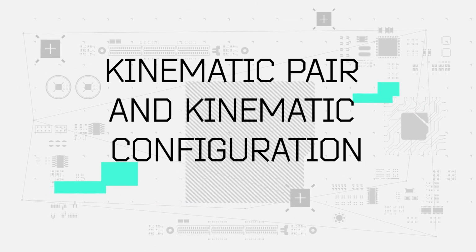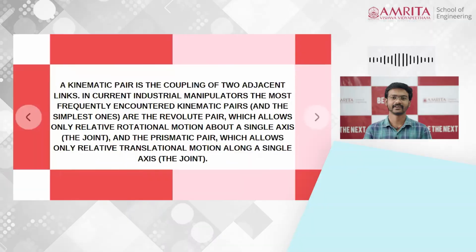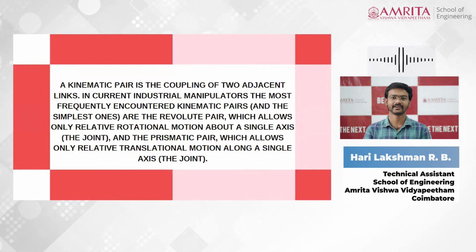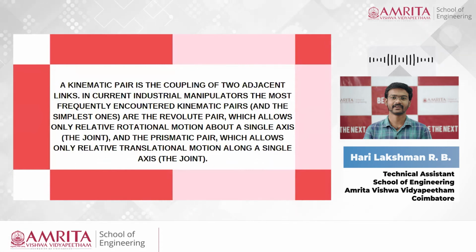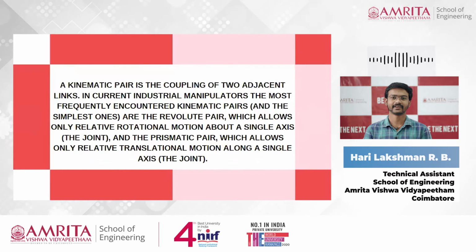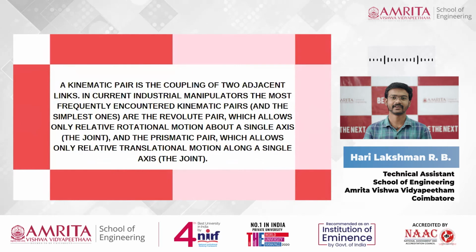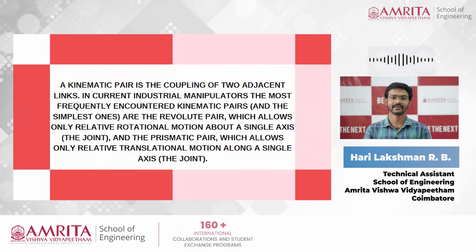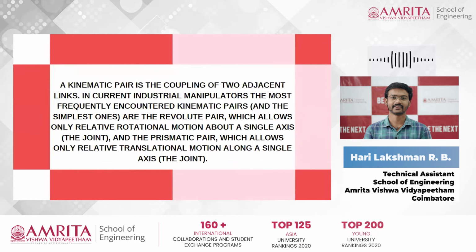Now, a kinematic pair. So what is a kinematic pair? It is the coupling of two adjacent links. Any links being attached to each other is called a kinematic pair. In current industrial manipulators, the most frequently encountered and simplest kinematic pair is the revolute pair.